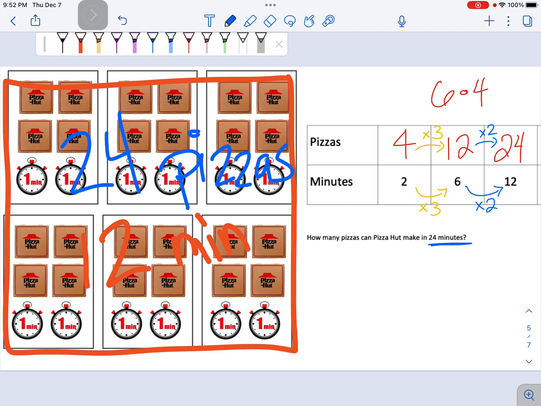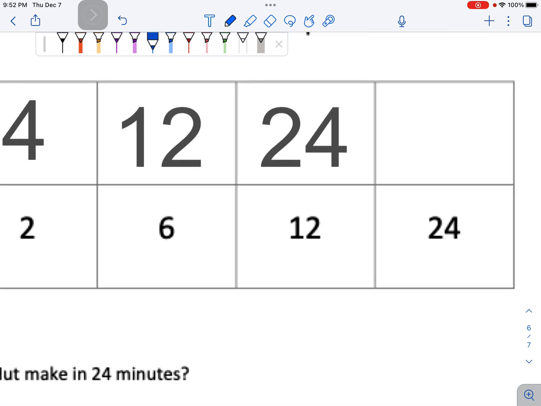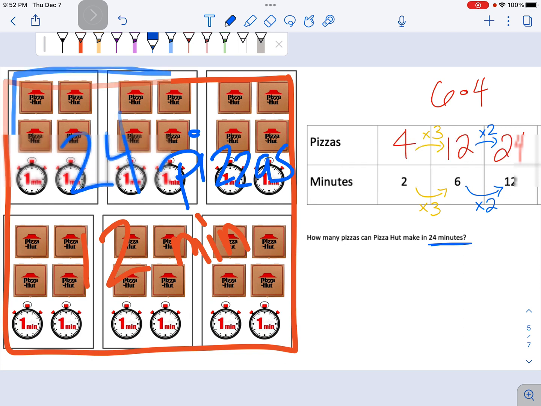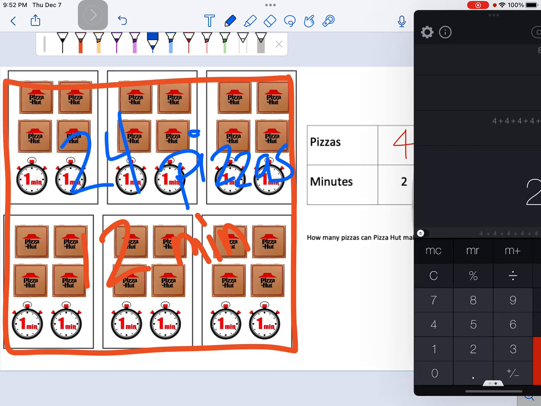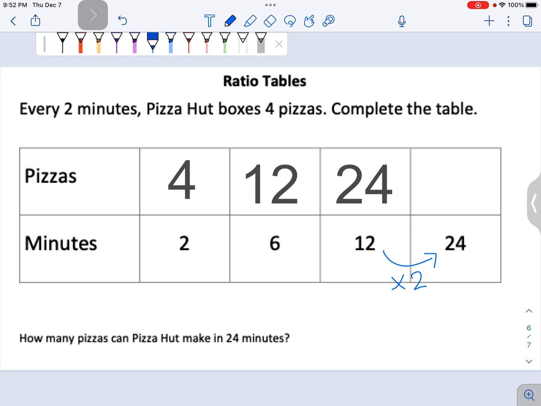I think I need 2, because 2 12s makes 24. So if we have this picture twice, then we would have 24 pizzas plus 24 pizzas, or 24 times 2, which is 48. So that would get us to 48 pizzas.